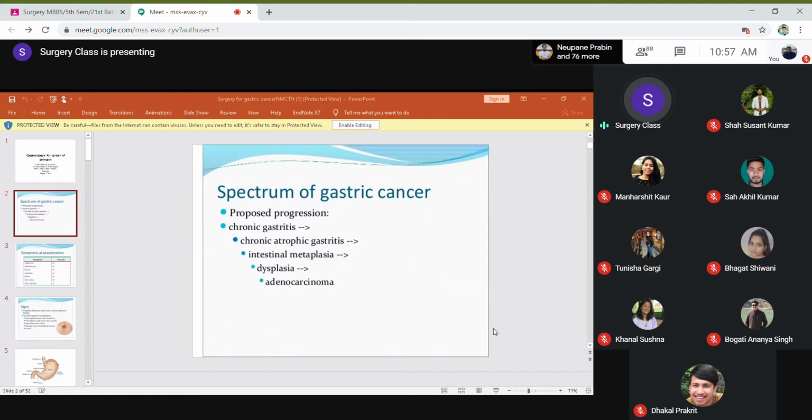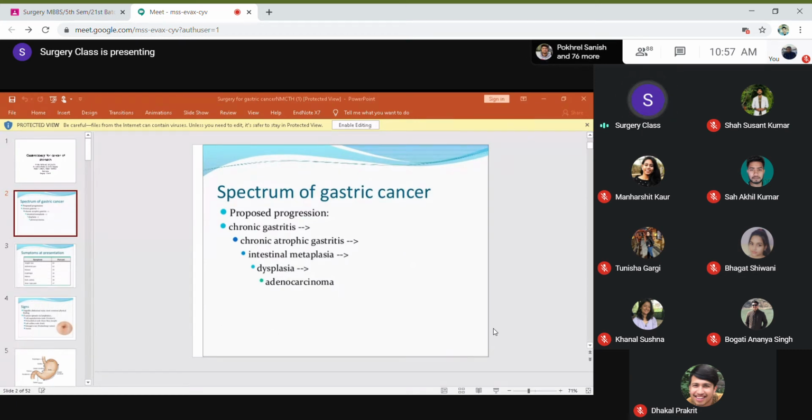If you see this, there's the esophagus, the cardiac end of the stomach, the lesser curvature. Can you see that the lesser curvature is very short as compared to the greater curvature? Whenever you get a tumor towards the lesser curvature, it will involve the surrounding structures very early.